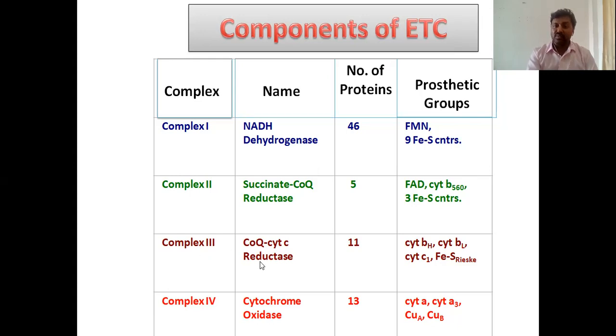Complex 3 transfers electrons from coenzyme Q to cytochrome C. It consists of 11 proteins, with the prosthetic groups cytochrome and iron sulfur proteins. Complex 4 has the cytochrome oxidase enzyme. It has 13 proteins, mainly cytochrome A and cytochrome A3.